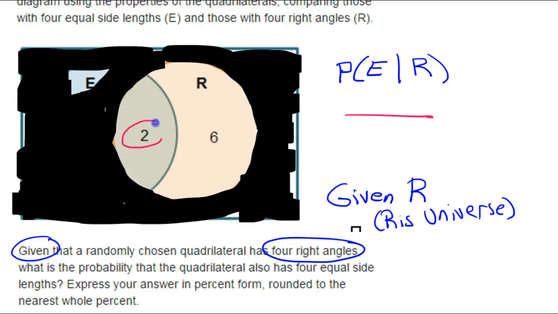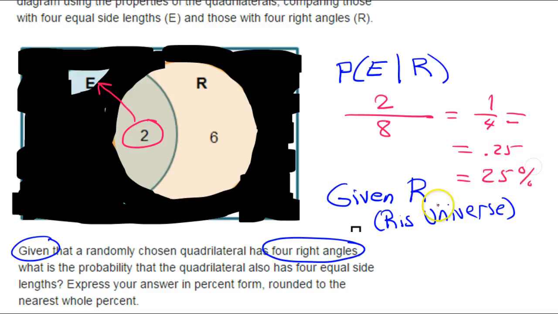Remember, there's 2 in this universe that were also part of E. So that's target over total in this smaller universe of 8. 2 over 8, that's 1/4. That's 0.25. That's 25%. So that should be the answer.